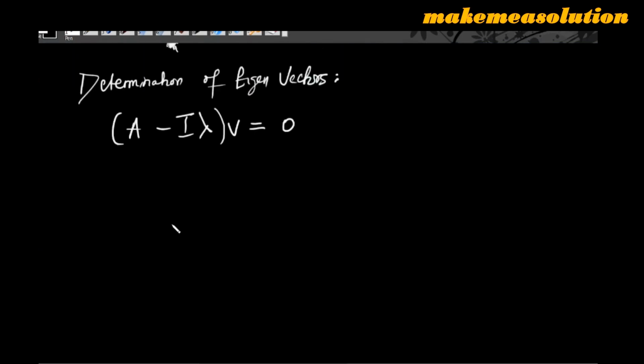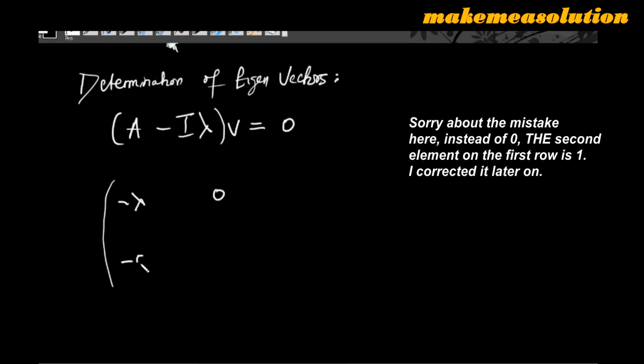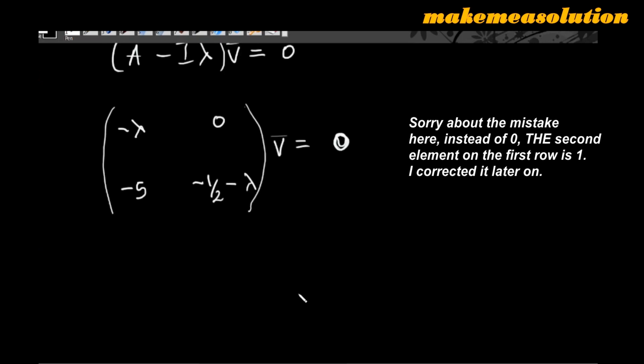We remembered that this translated to minus lambda, 0, minus 5, and minus 1 over 2 minus lambda, if you can still remember. So we have v equal to 0, a zero vector. This is your eigenvector that you want to find. So we're going to start solving step by step.